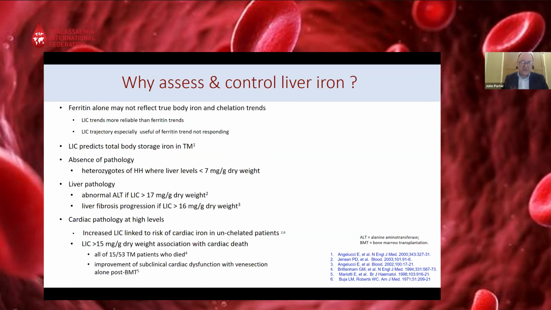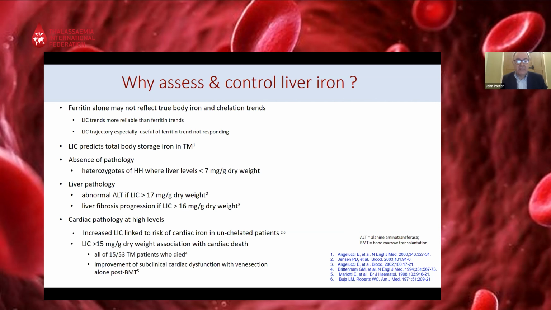So because of these problems with ferritin, people use liver iron measurements. Why do we do that? Well, not only does it give a better prediction of body iron than ferritin does, but also we know how it relates to pathology.